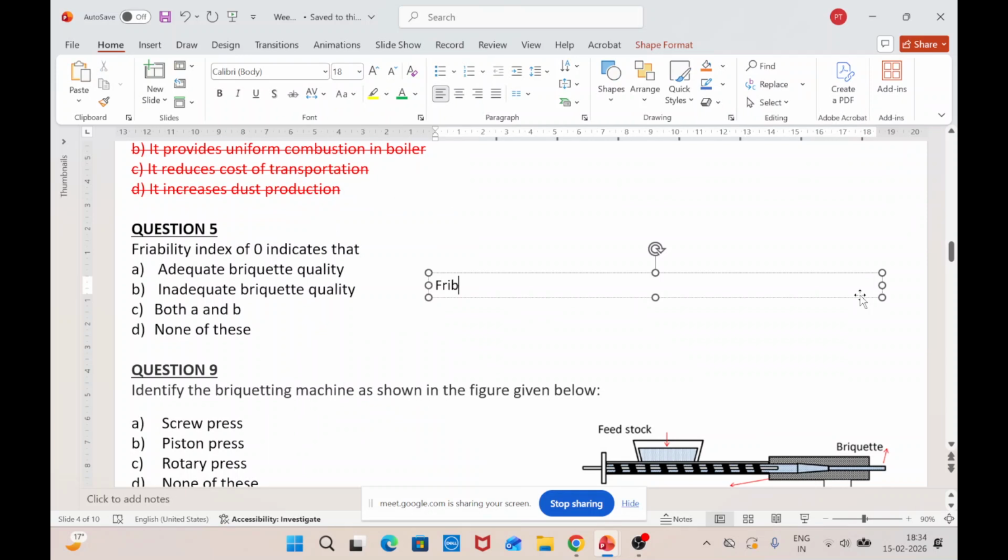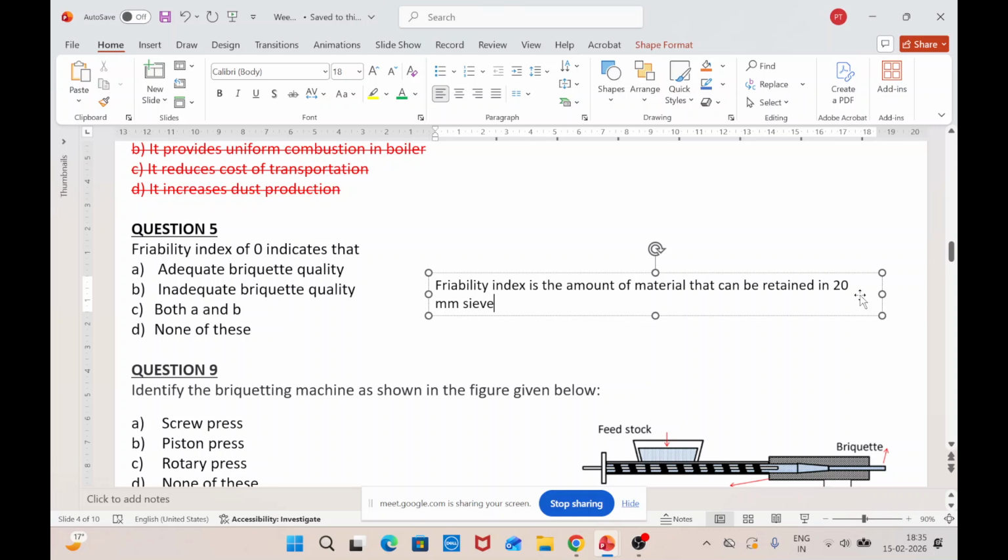So friability index is the amount of material that can be retained in the 20 sieve. So what do you mean by a friability index of 0? That means no material is going to be retained in the 20 sieve.